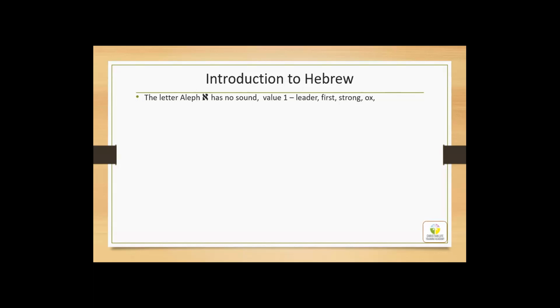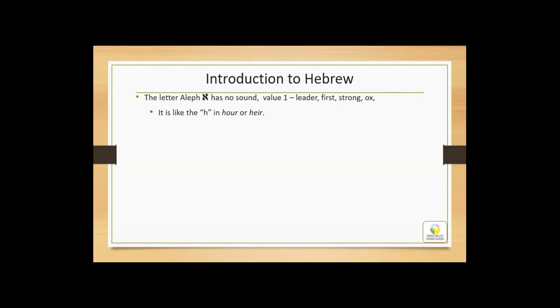Later on, we're going to see that it's also number 100, etc., etc. But for tonight, number 1, okay? And it is used as a leader. It's number first, strong, and ox. Don't worry, just listen, and we'll hear them.